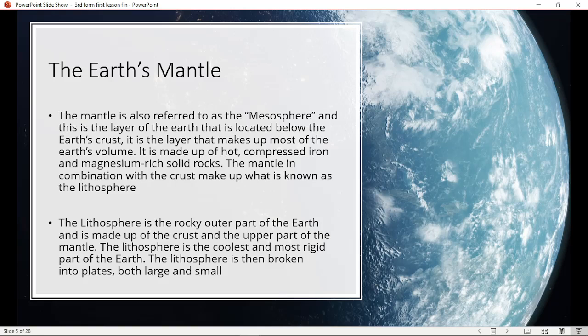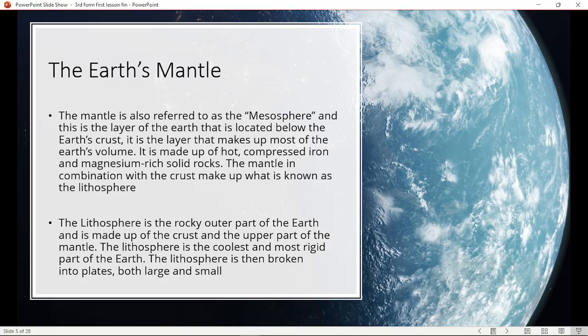The Earth's mantle. This can also be referred to as the mesosphere, and this is the layer of the Earth that is located between the Earth's crust and the core of the Earth. And this is the layer that makes up most of the Earth's volume, that takes up most of the space.